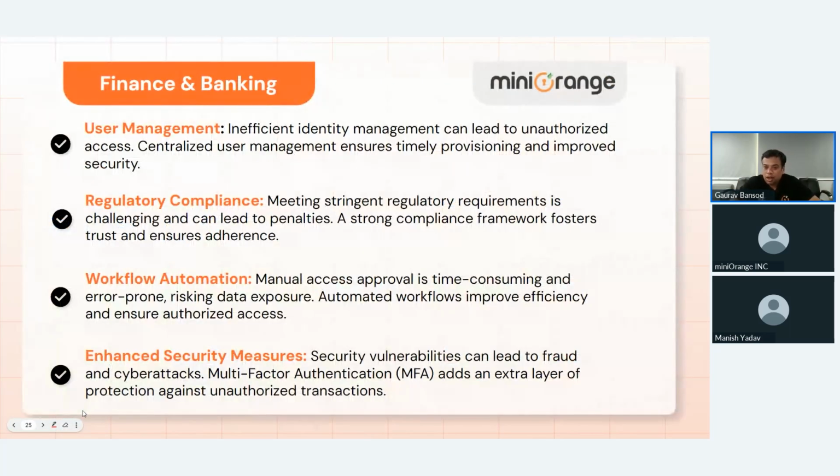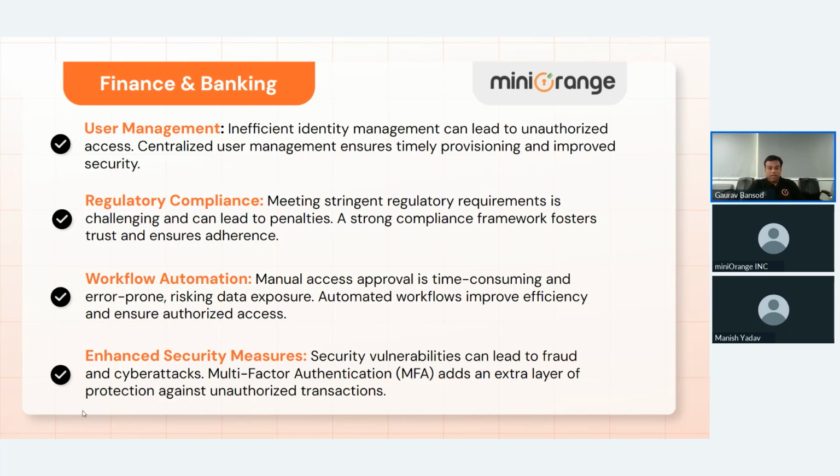And then comes the crux of where we talk about finance, where we talk about the banking organizations. I don't have to tell you, a lot of regulatory compliance has been advised, suggested, forced on finance and banking firms, which talks about managing identities, which talks about multi-factor authentication, which talks about user lifecycle management, which talks about governing access, and definitely they talk about MFA all the time.